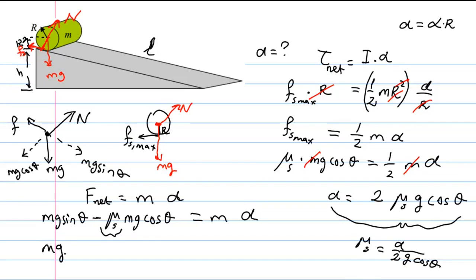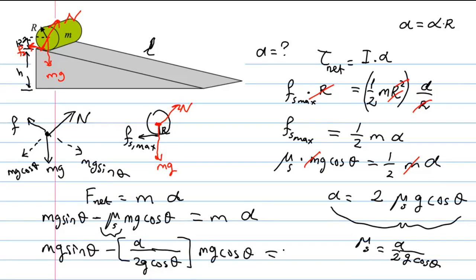So mg sine theta minus (a over 2g cosine theta) times mg cosine theta equals m times acceleration. After some simplification, cosine cancels cosine, g, and m shows up everywhere.